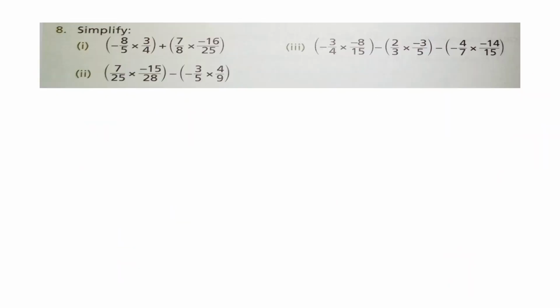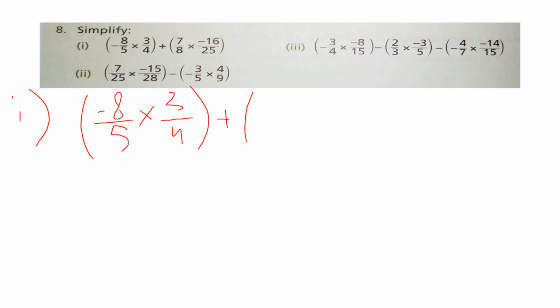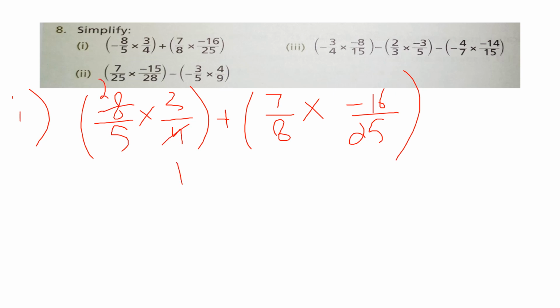The next question, number 8. The first part is minus 8 by 5 multiplied by 3 by 4 plus minus 16 by 25. You have to solve the brackets first. For 1s are 4, for 2s are 8, 8 1s are 8, 8 2s are 16.